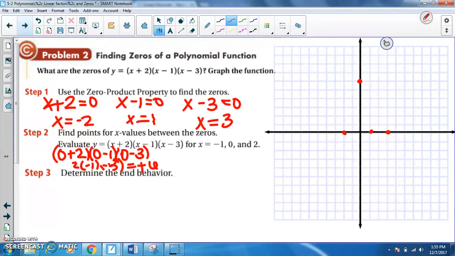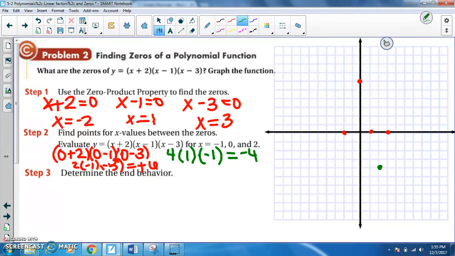The value in between 1 and 3 would be 2. So I would plug in 2. 2 plus 2 is 4. Times 2 minus 1 is 1. Times 2 minus 3 is negative 1. Which means y at 2 would be equal to negative 4. So we would go over 2, down 4.